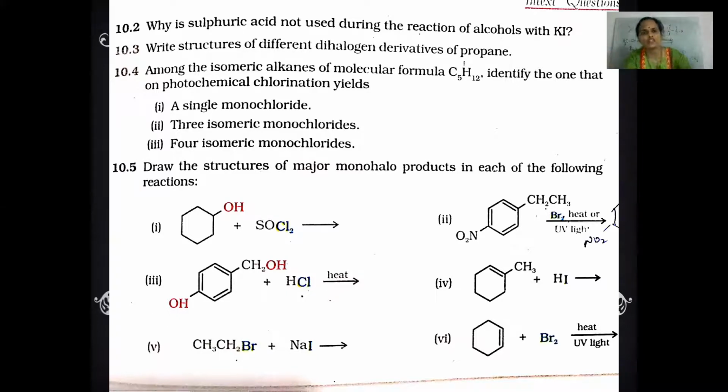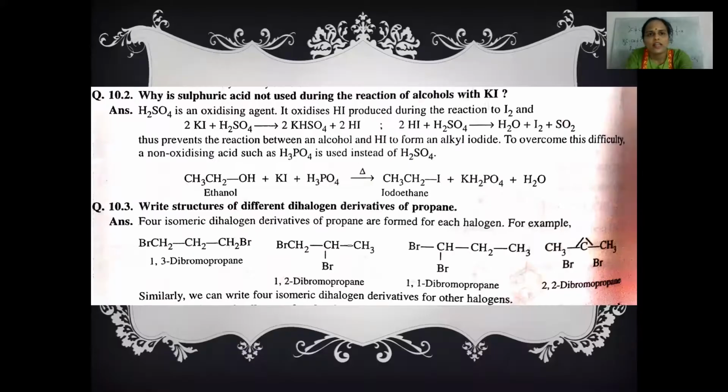Now look at the question here. Why is sulfuric acid not used during the reaction of alcohols with KI? The answer is that sulfuric acid acts as an oxidizing agent and it oxidizes HI that is produced in the reaction to iodine.